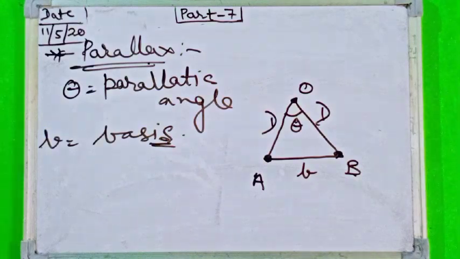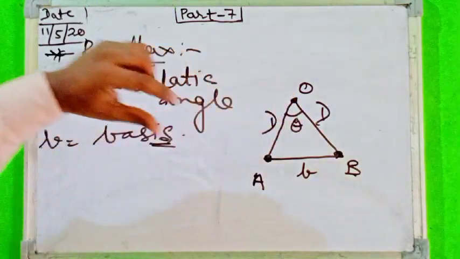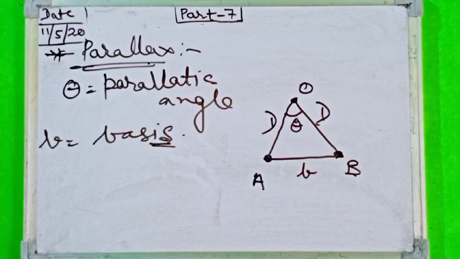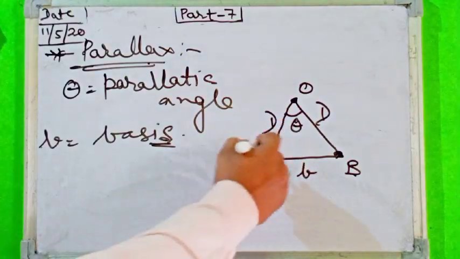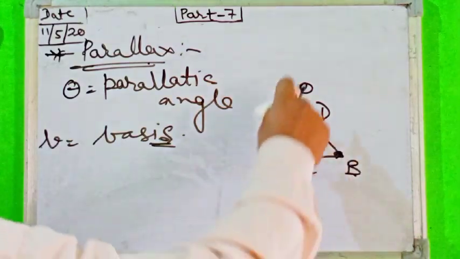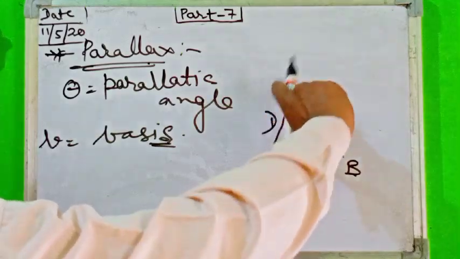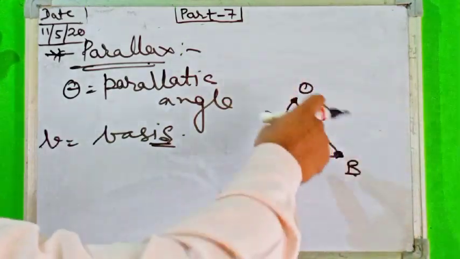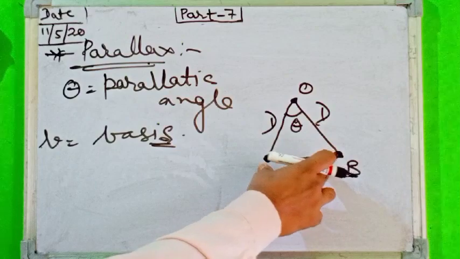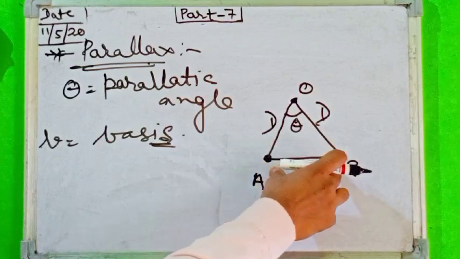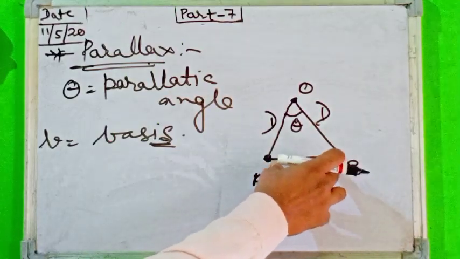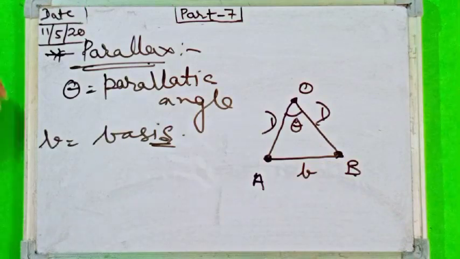As you know, for a very small separation between the two points A and B, consider the arc formed between A and B. Suppose this is the center, and a circle is drawn by taking D as the radius. If the separation is very small, then the distance between A and B can be considered as the basis B, a straight line.